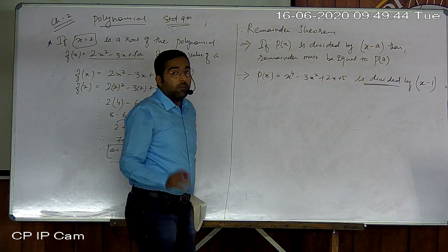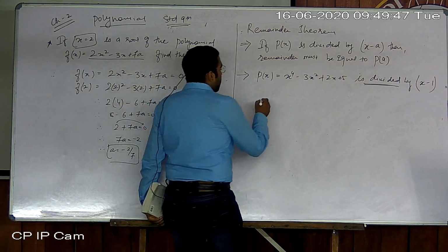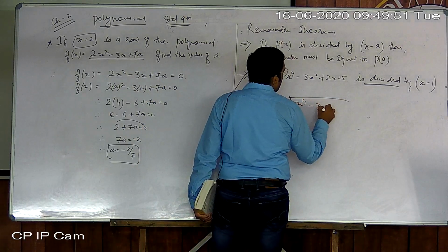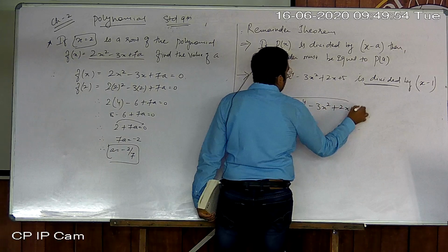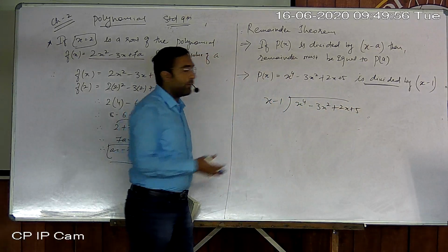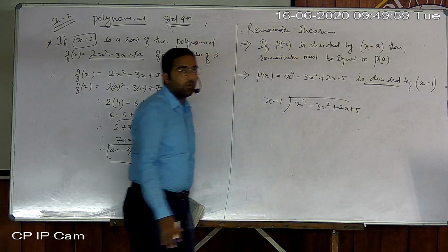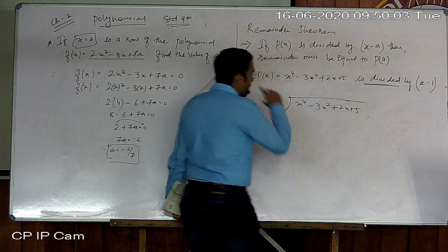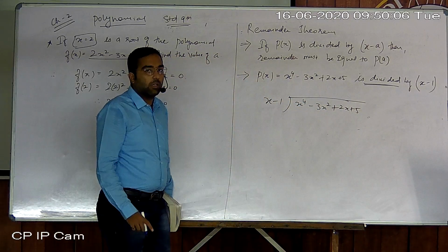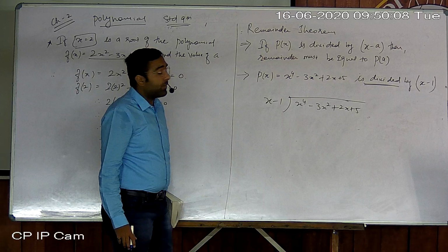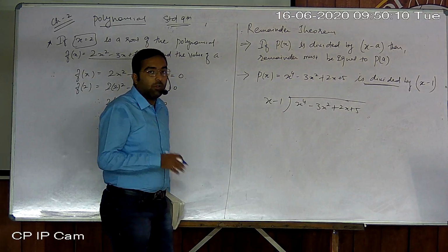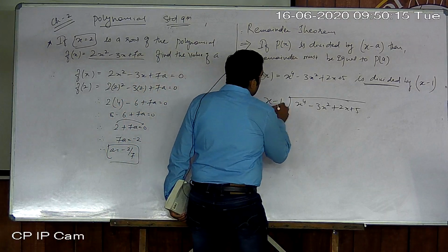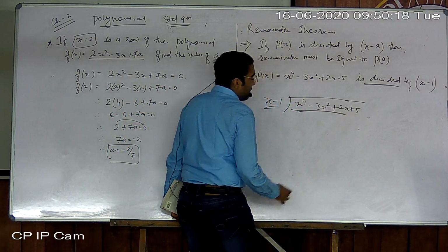Then it is not compulsory to divide. Whenever they are divided, normally we do the division of that polynomial with the given polynomial. So here, without actual dividing, how do we find the remainder when this polynomial is divided by this polynomial?